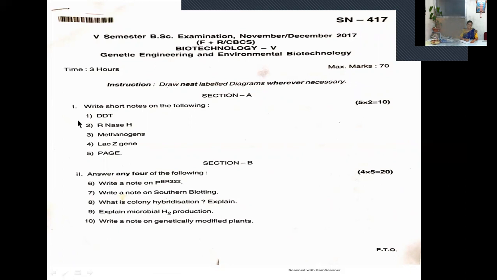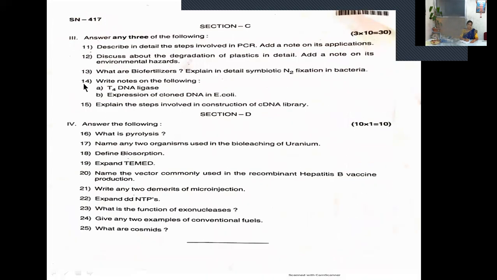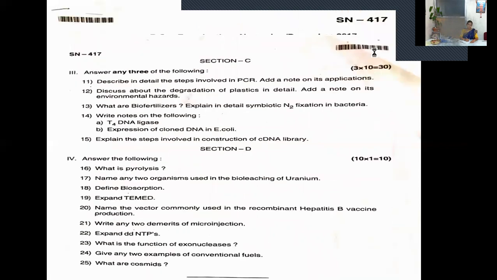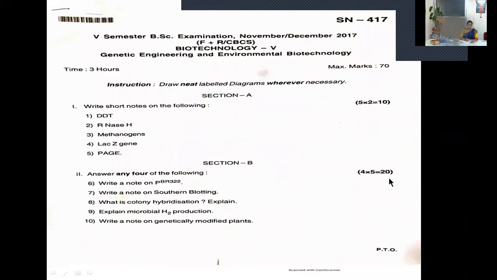This is the pattern. This is the first main, second main. Then this will be the third main and the fourth main. Okay. In third main, you need to answer 3 questions. Each question answer carries 10 marks. So total 30 marks. In the fourth main, you need to answer all the 10 questions. Each question answer carries 1 mark. So 10 marks. 10 plus 30, here 40. And here you will get 20 plus 10.